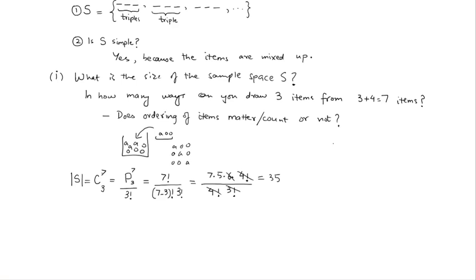If I have a basket of 7 fruits, okay, so I have apple number 1, apple number 2, apple number 3, orange number 1, orange number 2, orange number 3, orange number 4. And I want to pick 3 items. Okay.